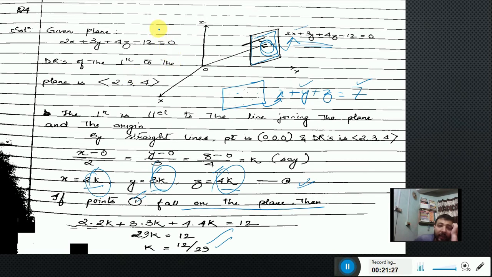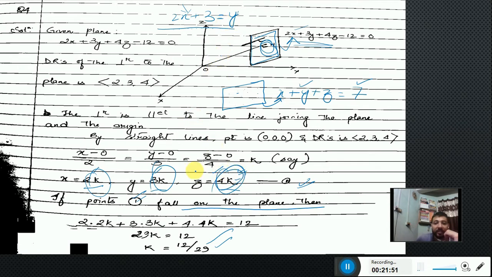If I have a line like this, 2x plus 3 equals y, suppose, then all the points on this line, x and y, should satisfy this one. Left hand side should be equal to right hand side. So that is what we are using here.